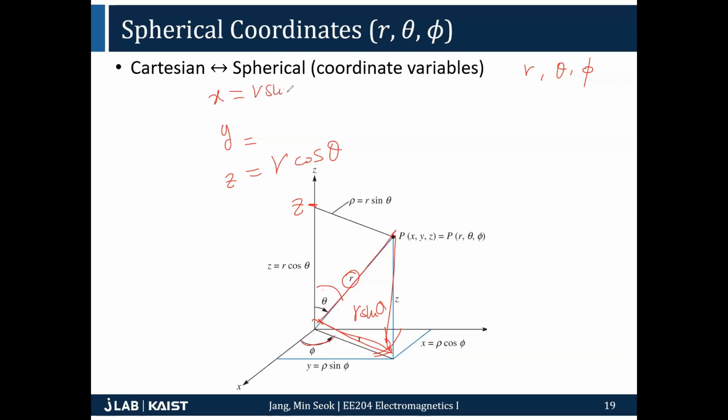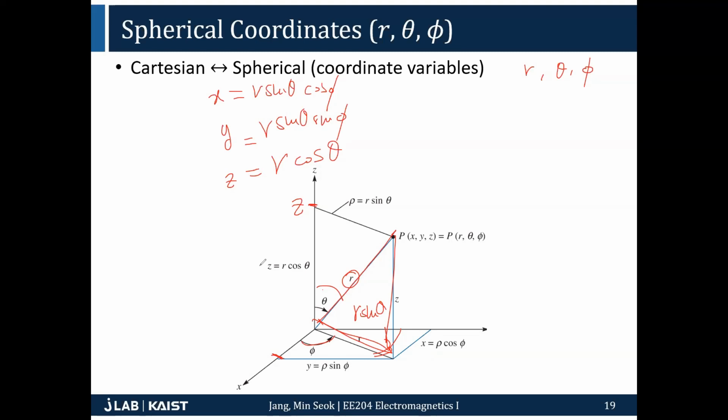So r sine theta cosine phi is the x component, and r sine theta sine phi gives you the y component.